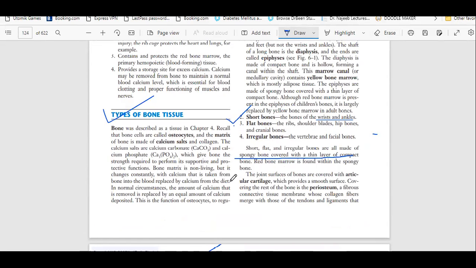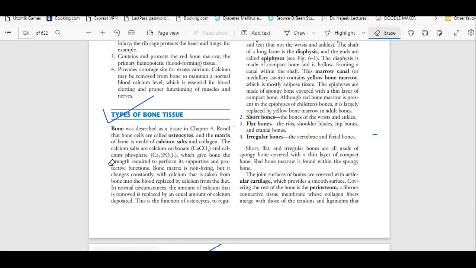Irregular bones have red bone marrow within the spongy bone. You have to remember that mostly irregular and flat bones, and short bones, have red bone marrow. In the red bone marrow, what will happen?